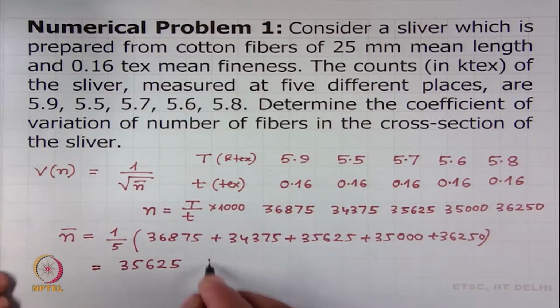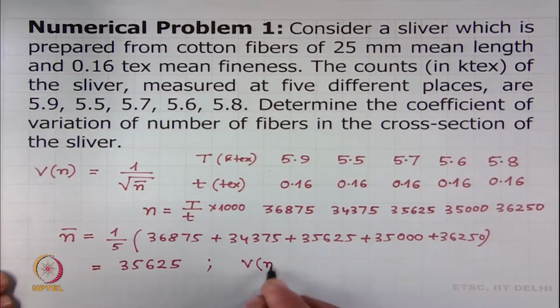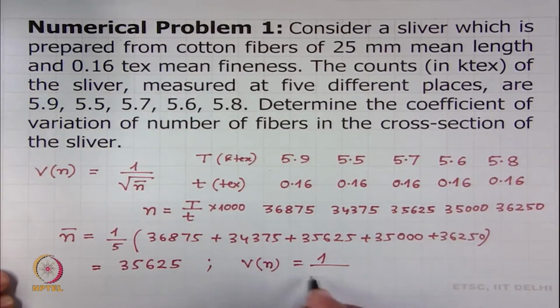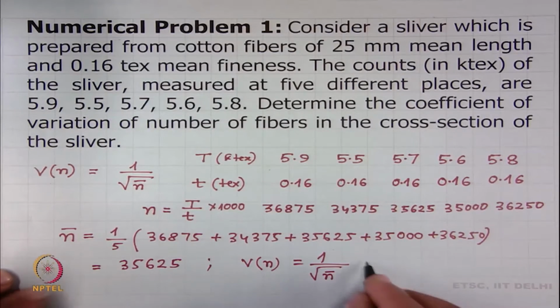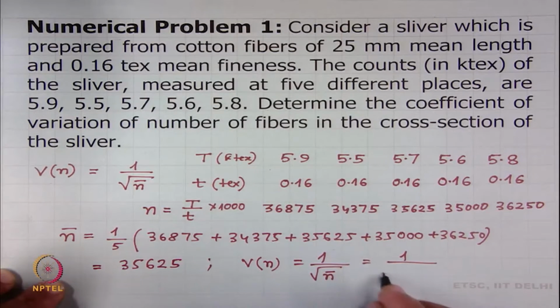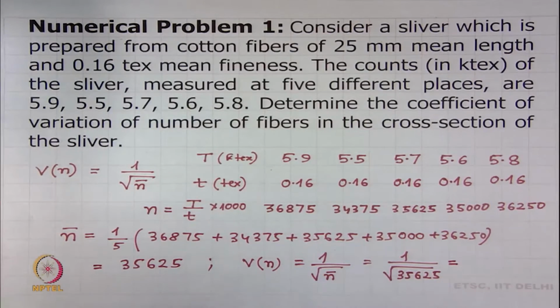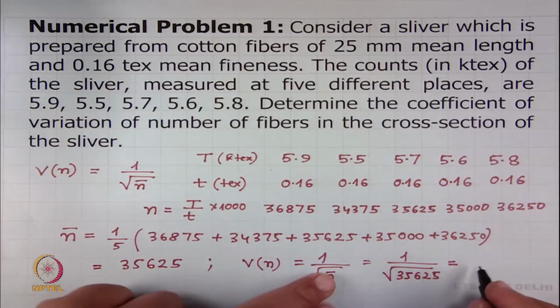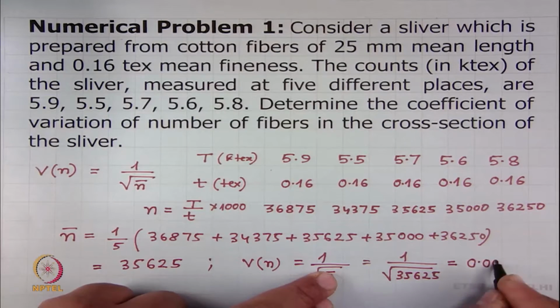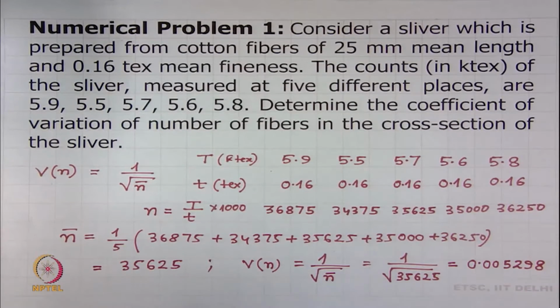Then V n is equal to 1 by square root of this, which will give you 0.005298. So, this is the answer.